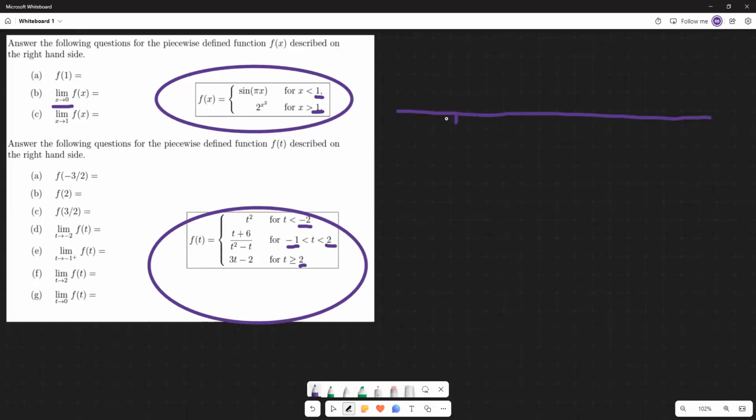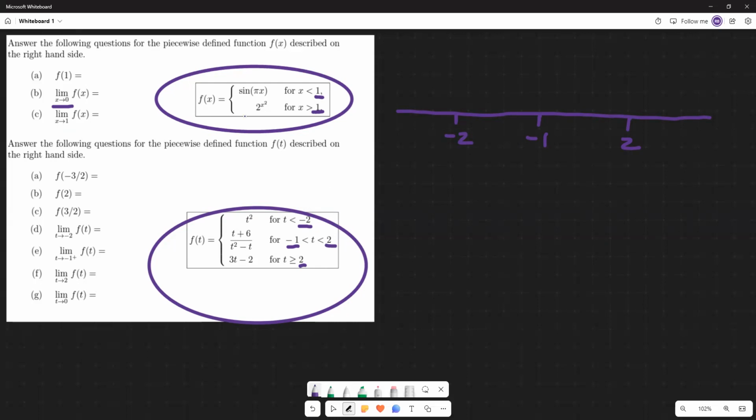We need -2 there. Then what is the next one? -1. Then what is the next one? 2. You remember you list them in ascending order. They must be listed in ascending order.